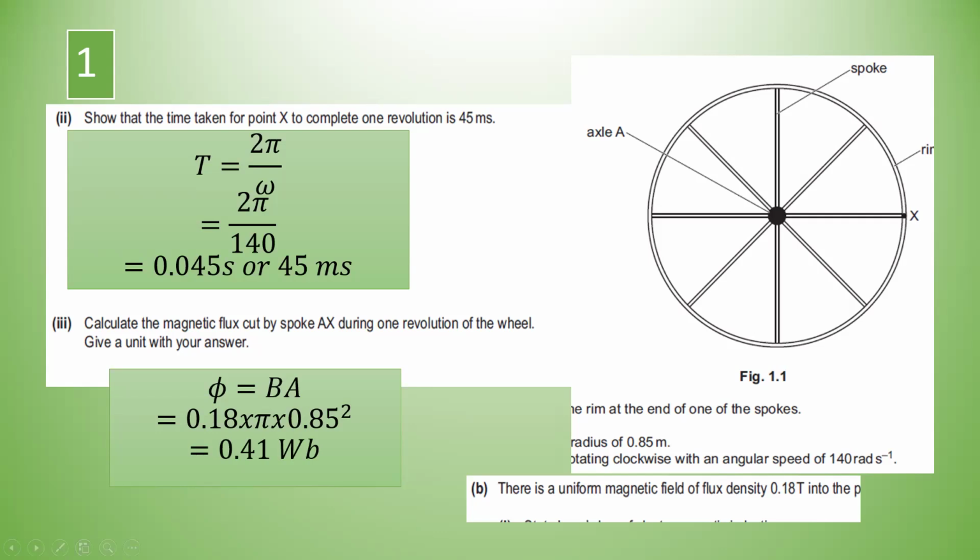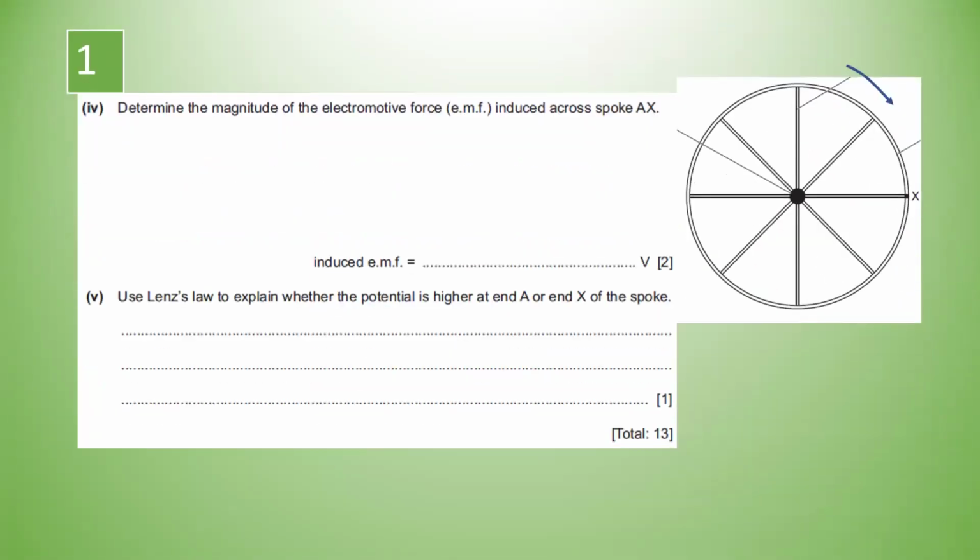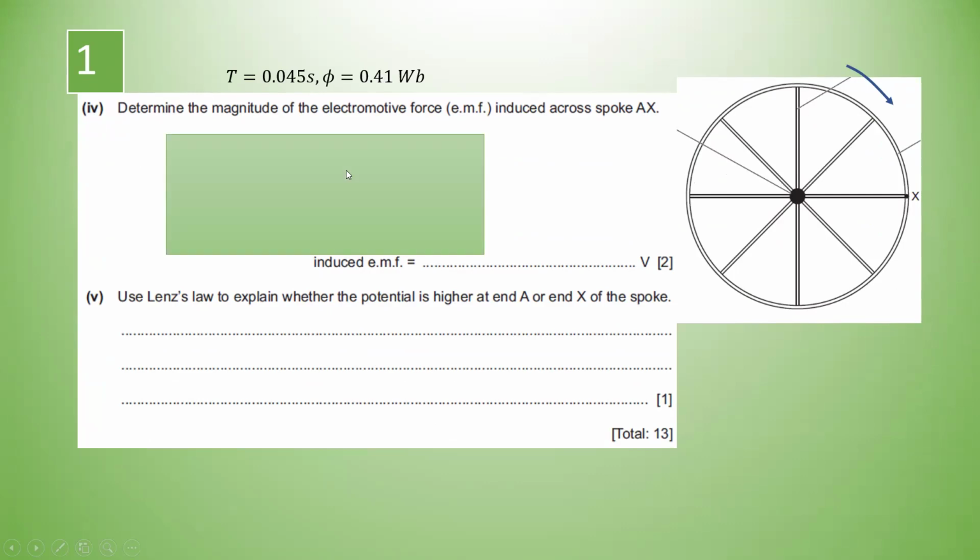Usually, I ask you to calculate magnetic flux first, then after that, EMF. Determine the magnitude of the electromotive force induced in the spoke. Calculate the time for one revolution and the magnetic flux. So it's magnetic flux divided by time. Don't worry about the negative sign. Negative sign is Lenz's law.